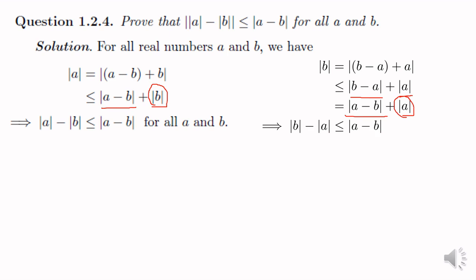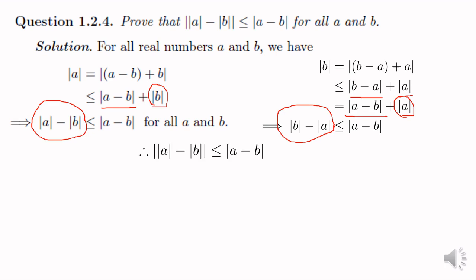Now earlier you got that modulus A minus modulus B is less than or equal to modulus of A minus B. Now you got that modulus of B minus modulus A is less than or equal to modulus of A minus B. So you can see mod A minus mod B less than or equal to modulus of A minus B, and mod B minus mod A less than or equal to mod A minus B. So from here you will get that modulus of this quantity, if this is positive, this will be negative.